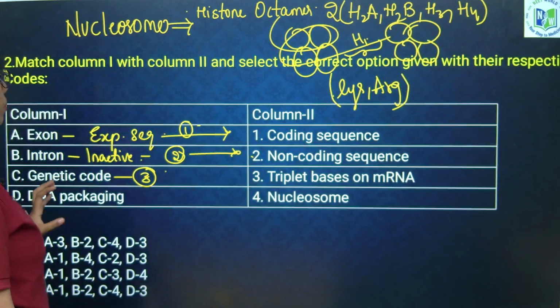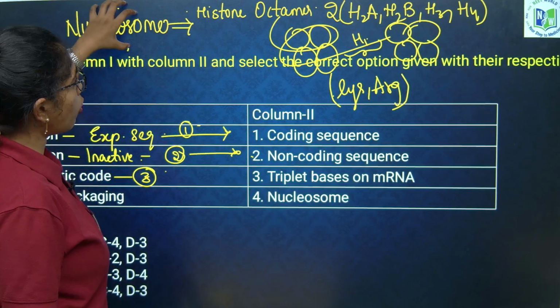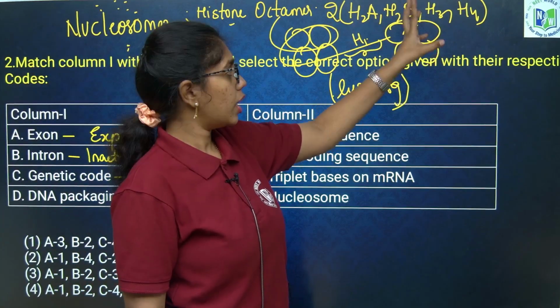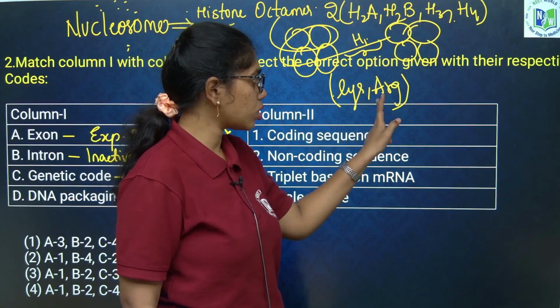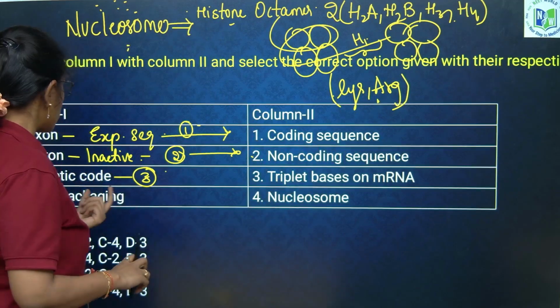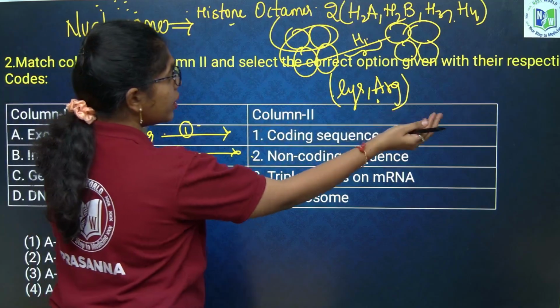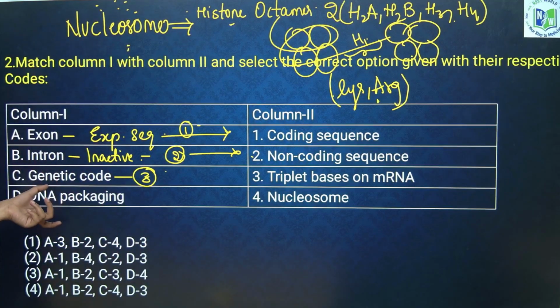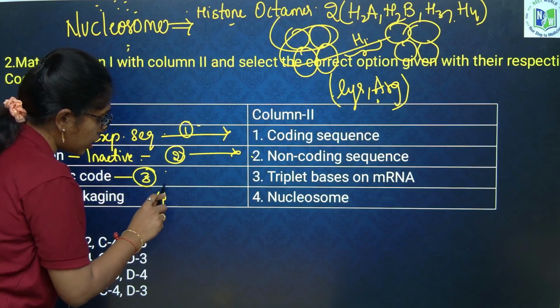You have to remember only one thing: the nucleosome model has a histone octamer, and the histone proteins involved are positively charged because of lysine and arginine. This is how the DNA chromatin material is packed. So DNA packaging means nucleosome, option 4.